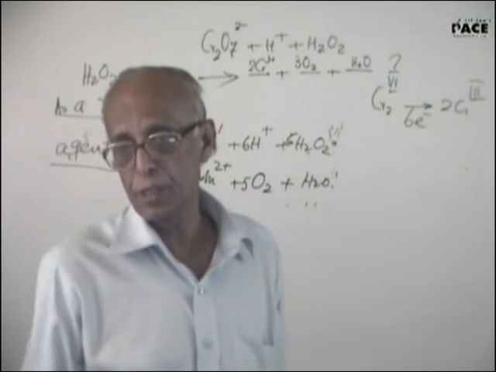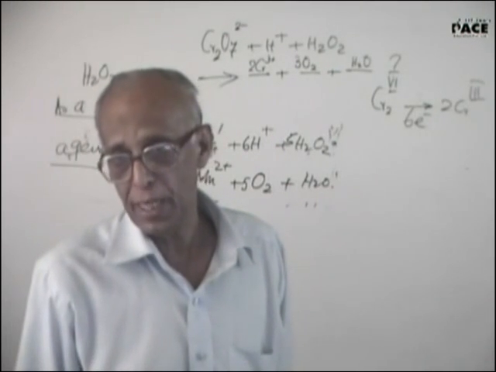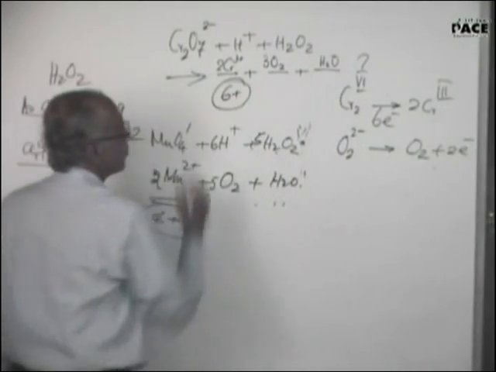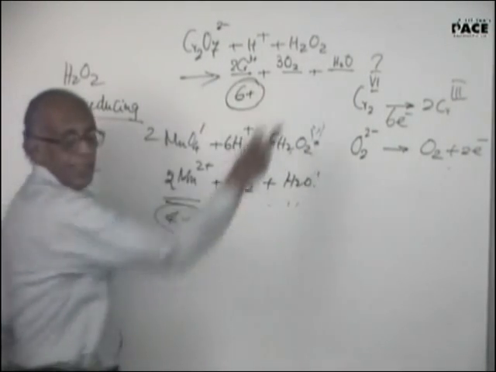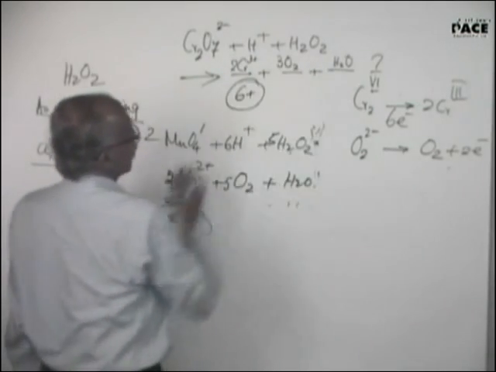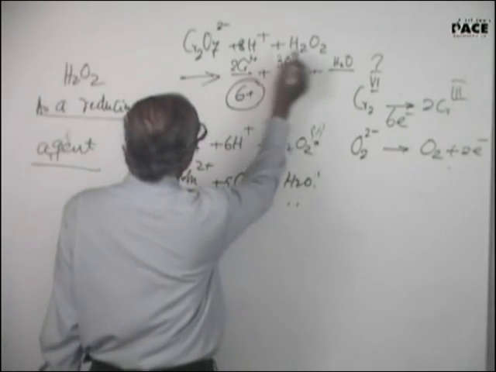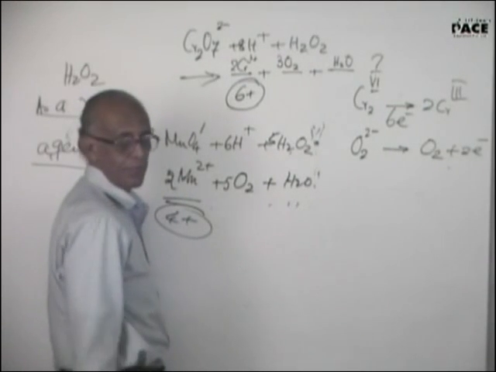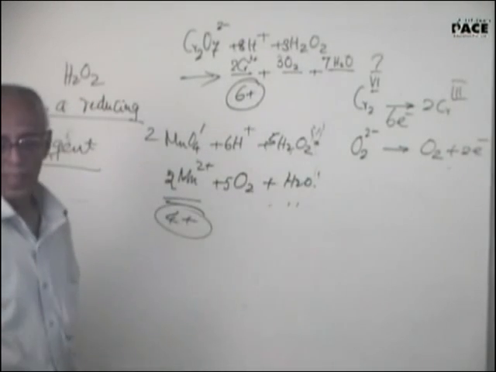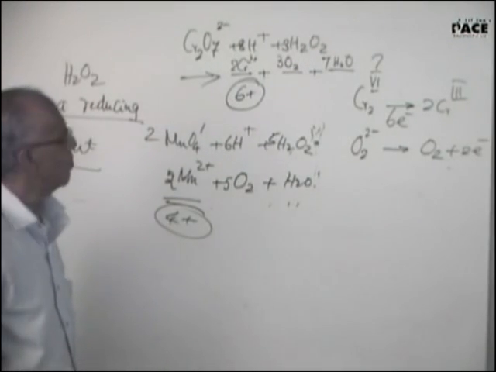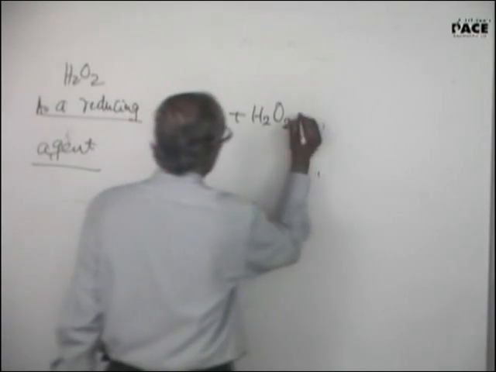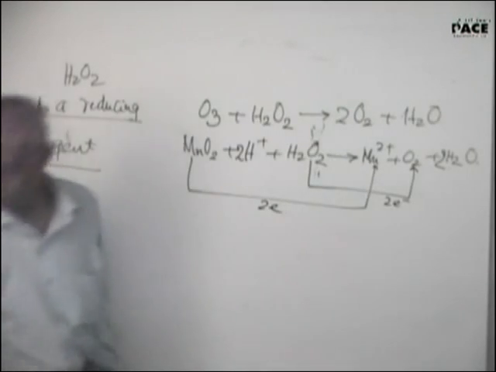Each chromium 3 electron change. There are 2 chromiums, so 6 electron change. The right hand side is 6 positive. Left hand side, make 6 positive. 8H+, hydrogen peroxide, how many? 3 H2O2. Is it balanced? Yes.